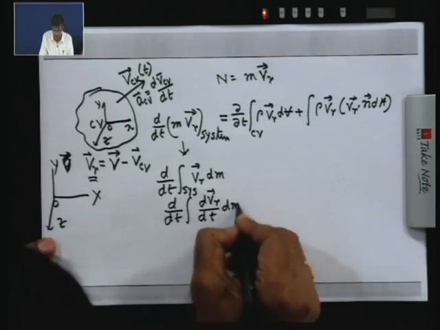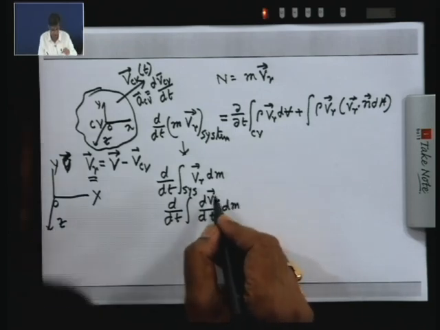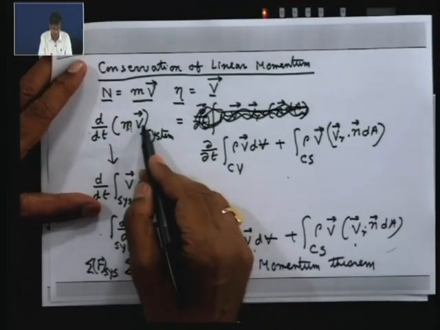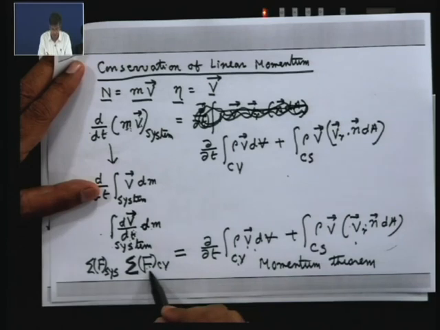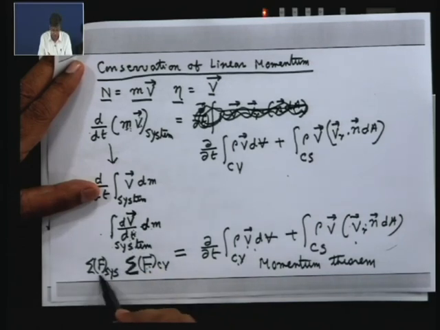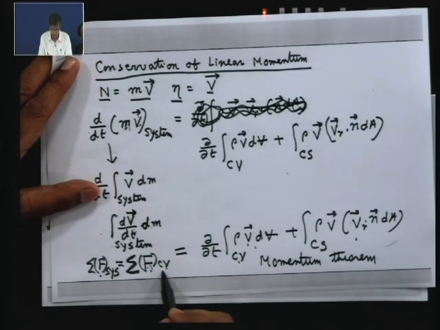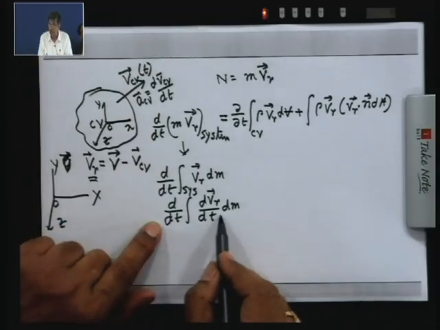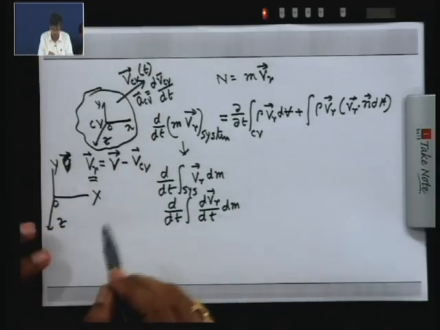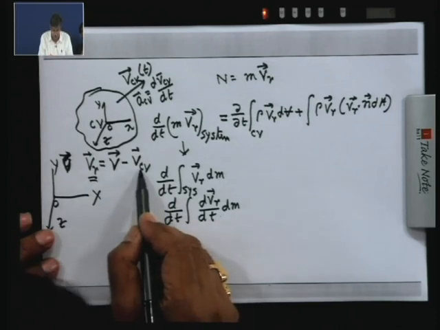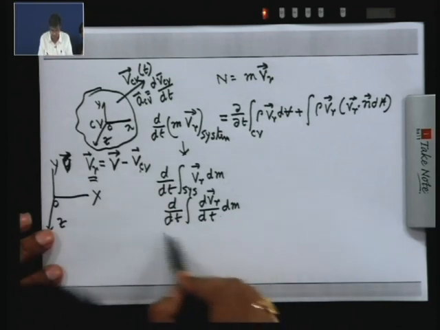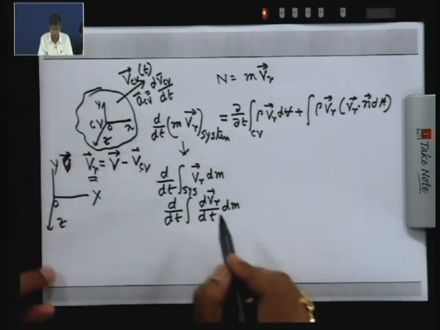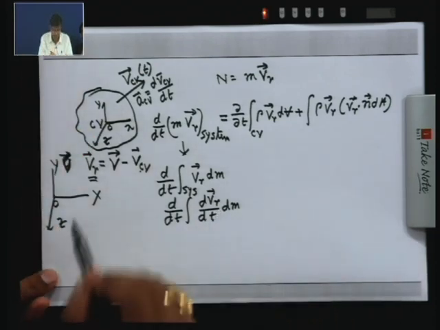The only difference from the earlier way is that earlier it was V, m dV/dt, and we wrote F on the system which equals F on the control volume. But can we write this here? No. When can we write it? We can write it when VCV is constant, because by Newton's law the rate of change of momentum equals the force on the system, provided this velocity is described in a static frame of reference.